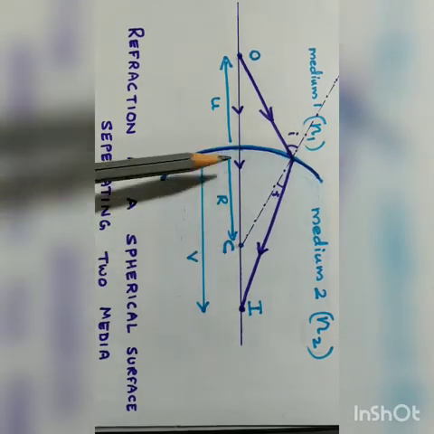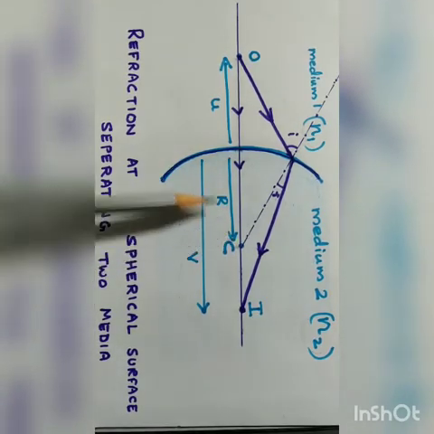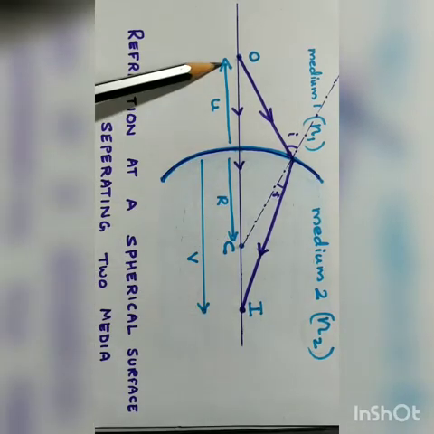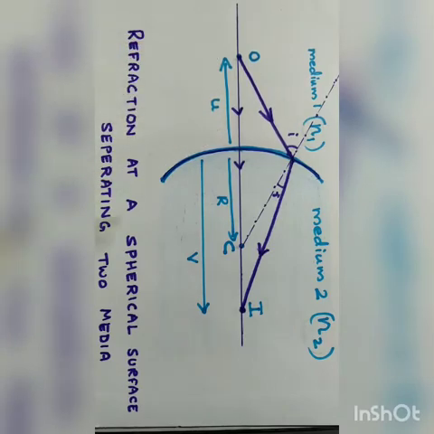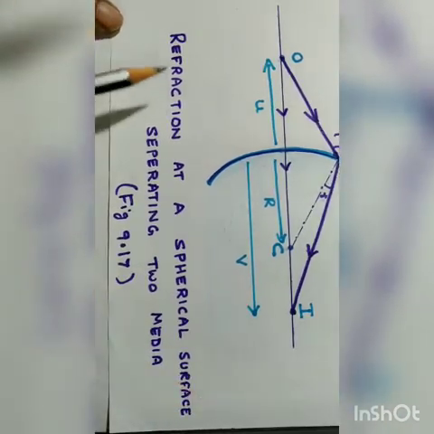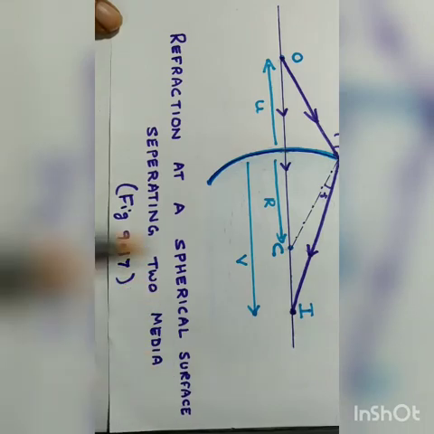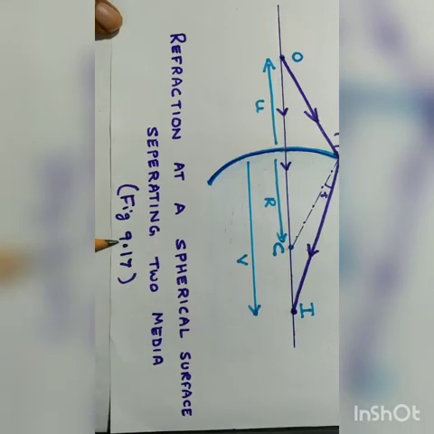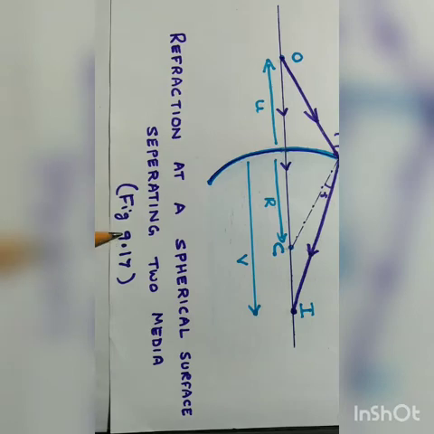This is the center of curvature. So this is the distance r, this is the image distance, this is the object distance. This diagram shows refraction at a spherical surface separating two media. You can find this in your textbook, refer to figure 9.17.